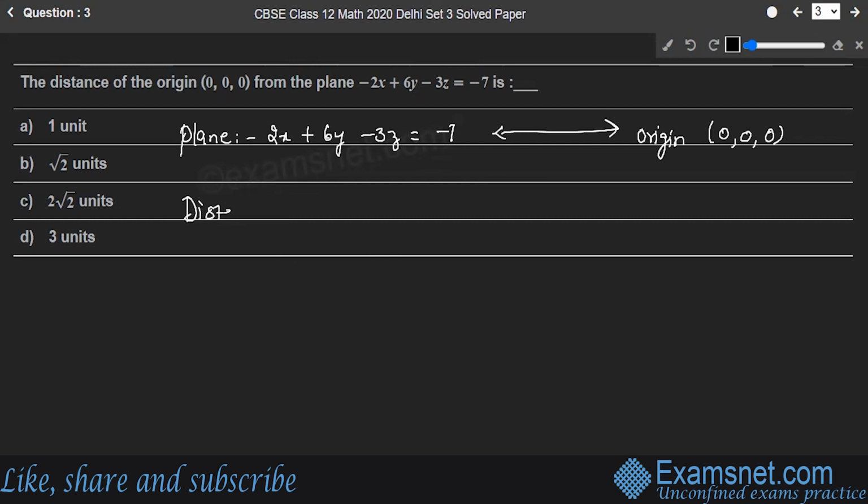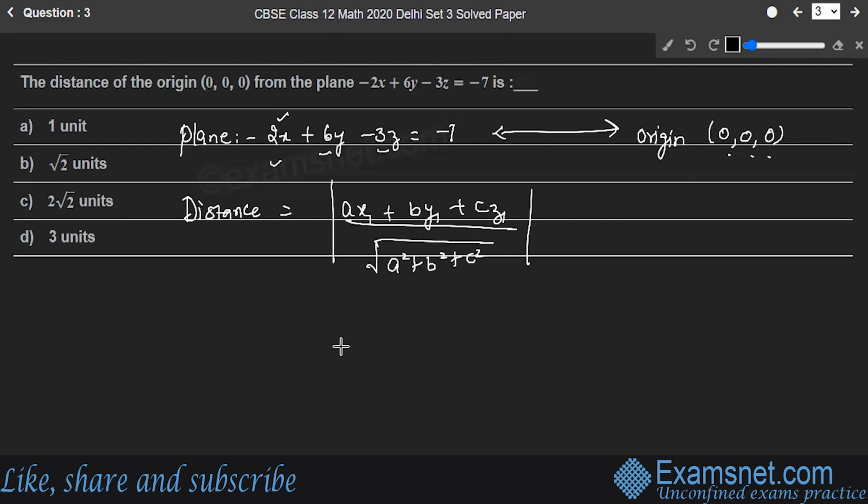The general distance is given by A into x1 plus B into y1 plus C into z1, whole divided by the root of A square plus B square plus C square. So here in this question, this is A, this is B, this is C, and this is x, y, z.